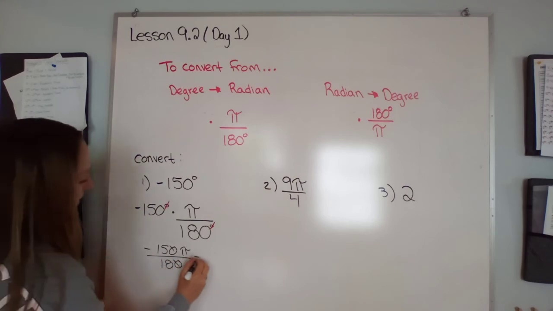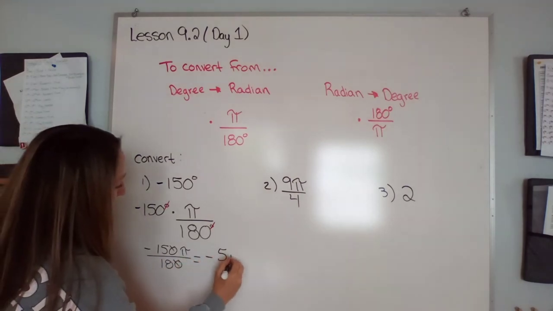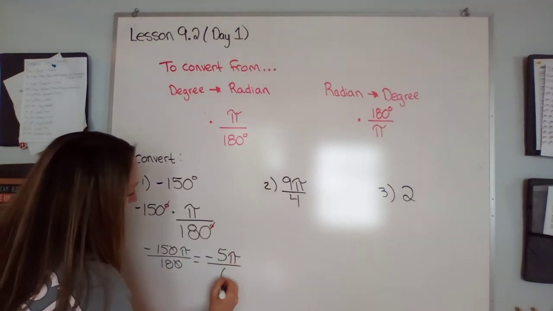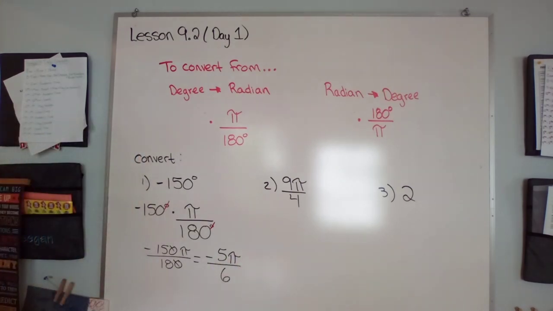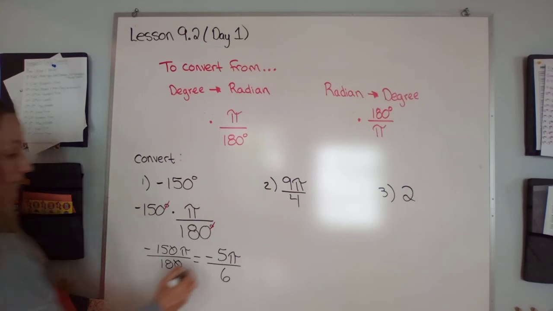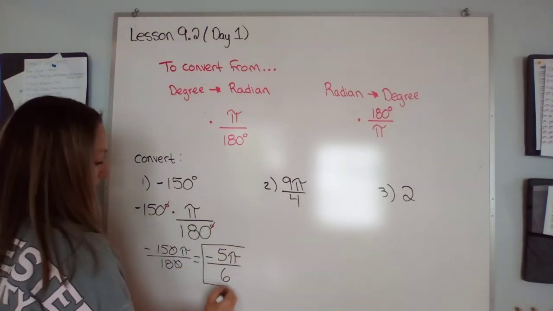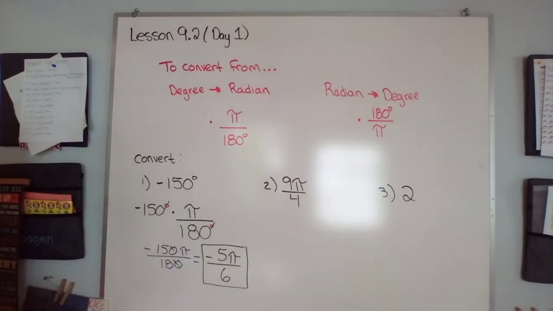So I'm left with negative 5 pi over 6. And that's in radians. If you're in radians, you don't have to write the word radians. But if you're in degrees, you must put the degree symbol.